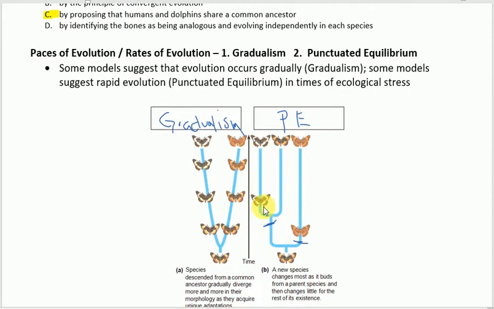Or, my apologies, right here, not there. So, this is punctuated equilibrium, because there are periods of little to no change, but then there are periods of huge changes that occur very rapidly. And of course, the rate of these changes is always going to depend on the species as well.